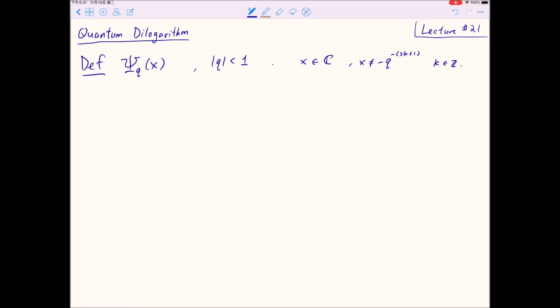Then this function is defined to be 1 over the Pochhammer symbol. For notation, (a; q)_n is the product of n terms. This is known as the q-Pochhammer symbol.